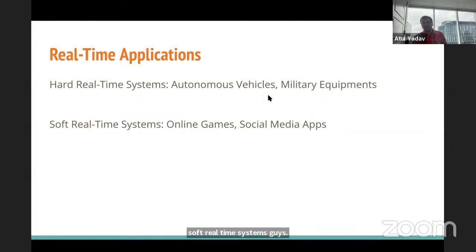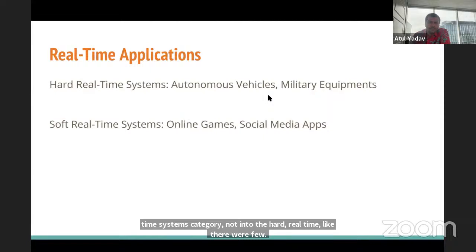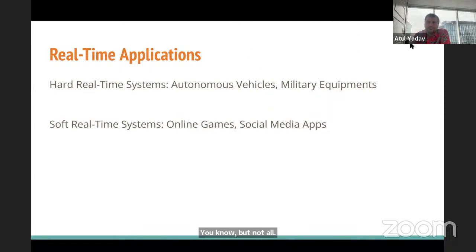Because most of the examples you have shared come under the soft real-time systems category, not hard real-time. There were a few, but not all. Okay, ads, yeah, makes sense. What else, guys? Recommendations on marketplaces like Amazon, email systems, yes.